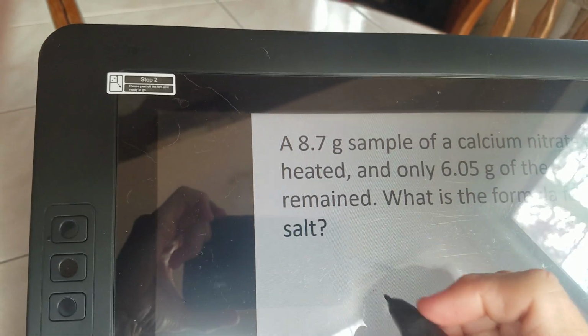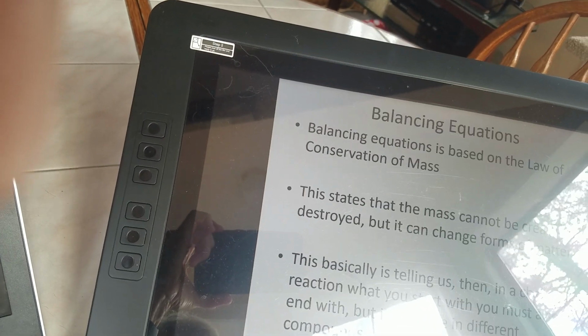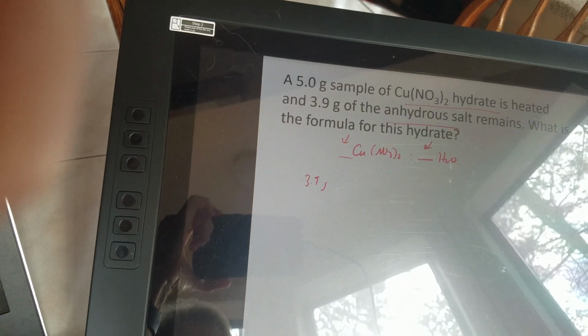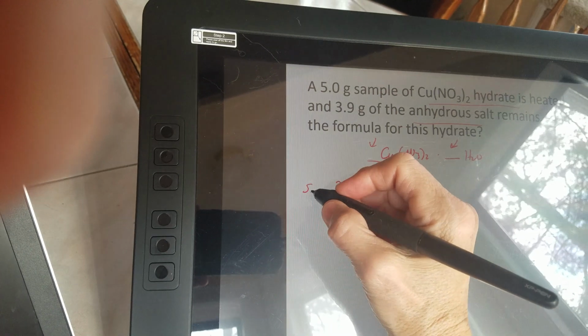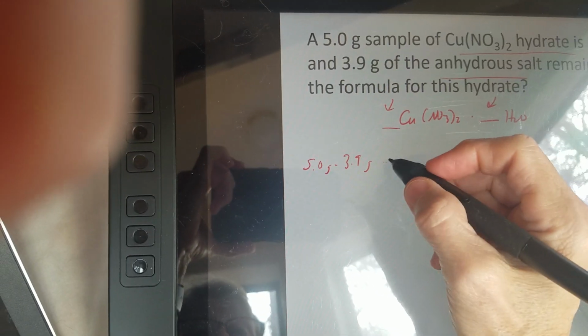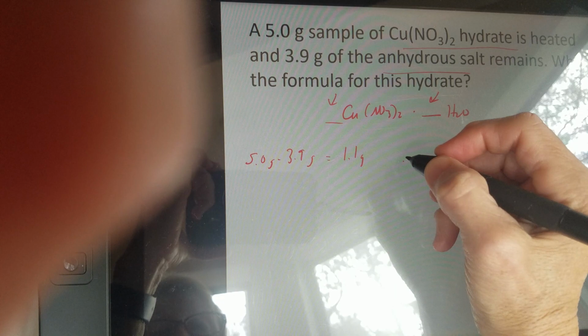If I take my 5 grams of the hydrated salt and subtract the 3.9 of the anhydrous salt, that's going to tell me that I had 1.1 grams of water.